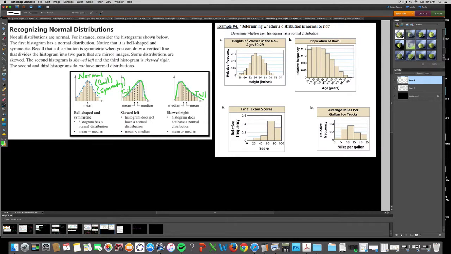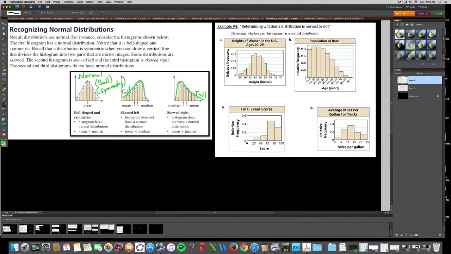And so up here, what I want to do is have us determine whether or not each histogram has a normal distribution. So when we look at, say, the heights of women in the United States in their 20s, we could see that as their height gets bigger and bigger, the relative frequency gets, I guess I don't want to say bigger and bigger. The average height would be somewhere probably in here in the middle.